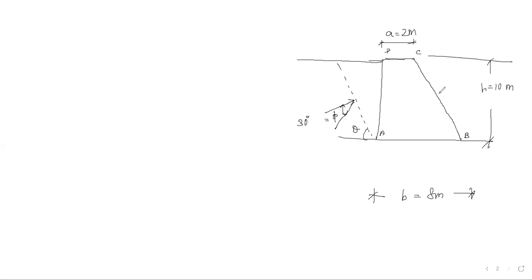Now the centroid of the section may lie here. So this is W, and the pressure P is going to act somewhere here at a distance of h by 3.